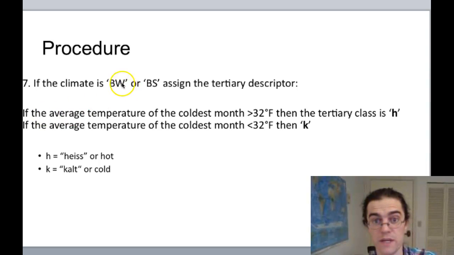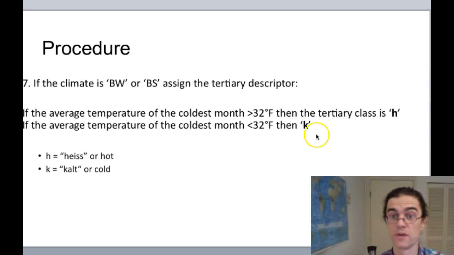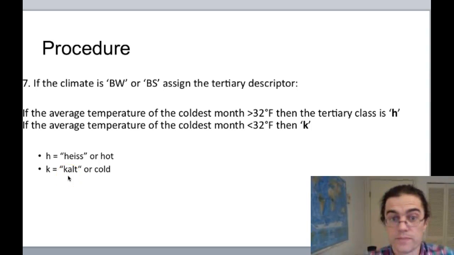If the climate is BW or BS, assign a tertiary descriptor. We do that based on whether the temperature of the coldest month is greater than 32 degrees Fahrenheit, then the tertiary class is H, for heiß. If the average temperature of the coldest month is less than 32, then K for cold.